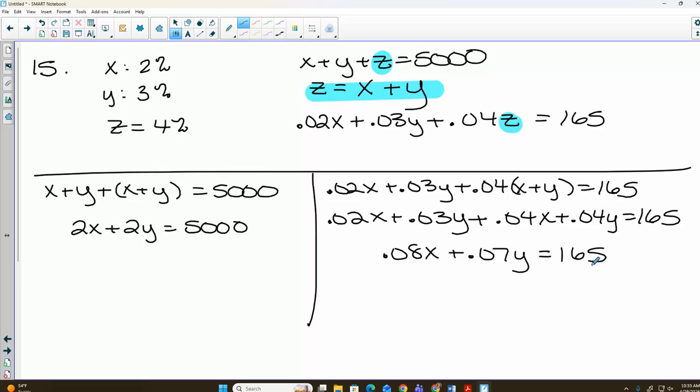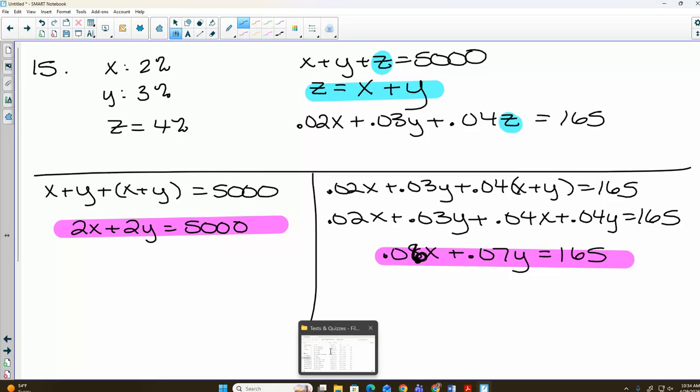All right, we are actually in pretty good shape because if you look at these two equations, what do they have in common? They both have x's and y's. Oh, that's not 0.08 though, is it? That's 0.06. You guys are just going to let me go with it, huh? Okay, so if I wanted to eliminate x, maybe I'm going to multiply this one by negative 0.03.